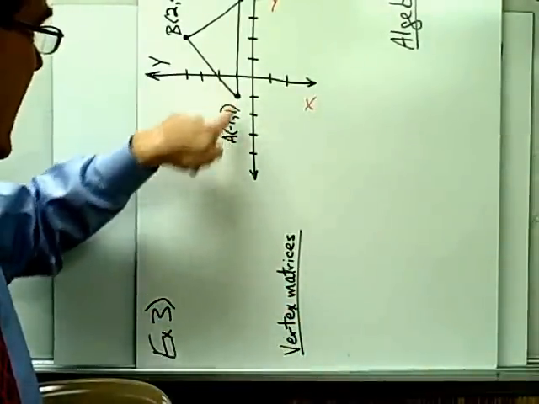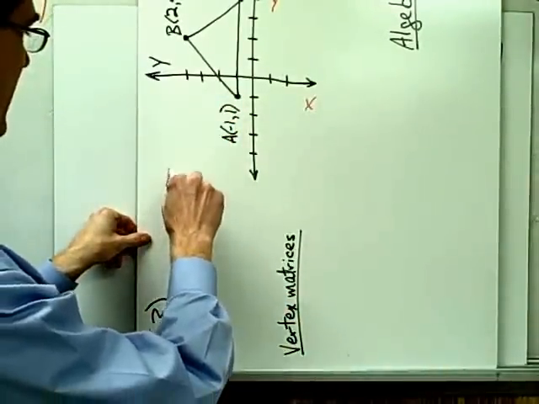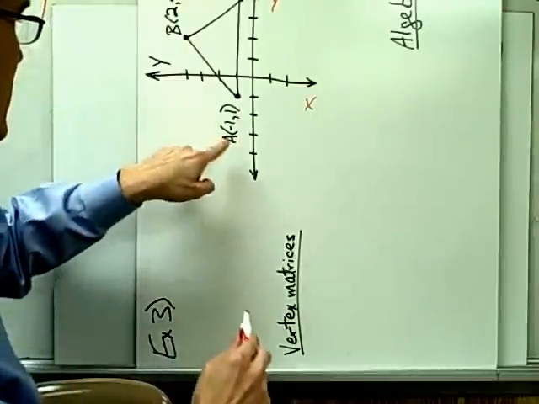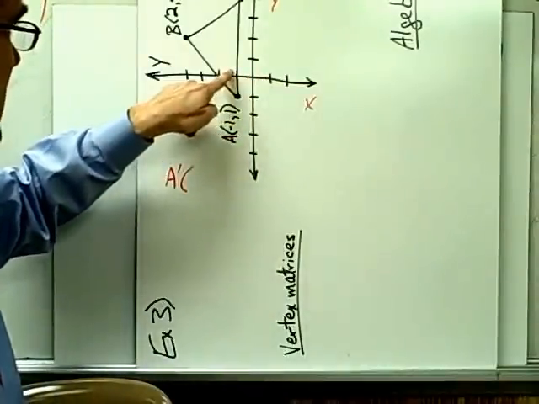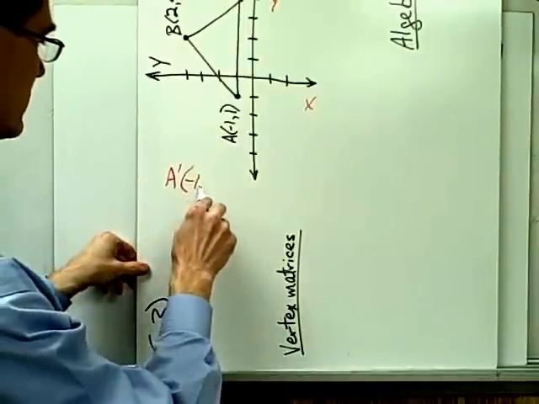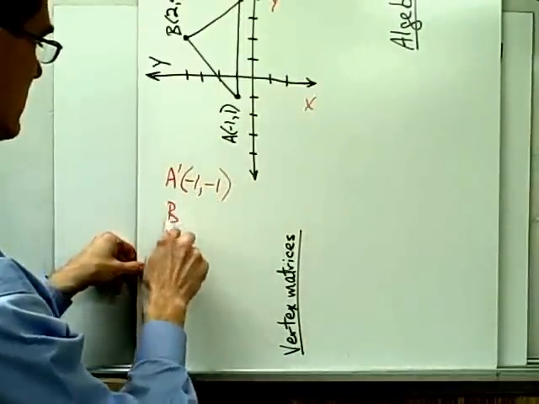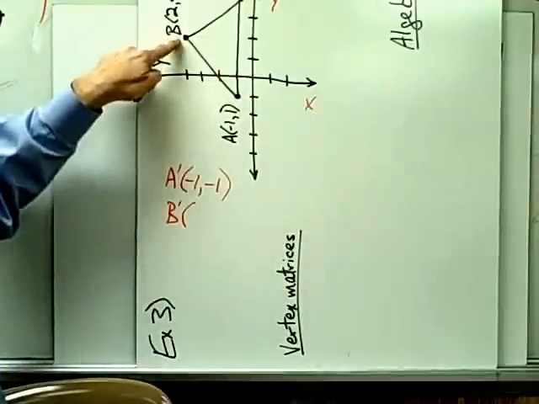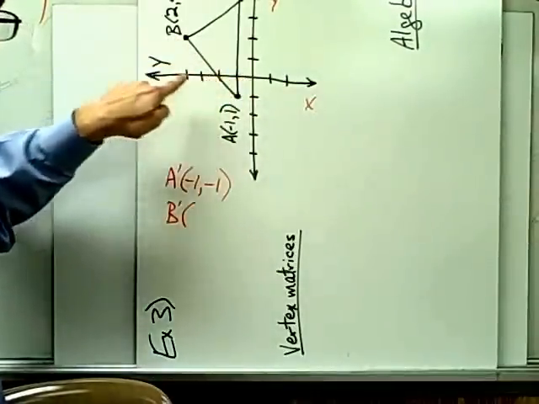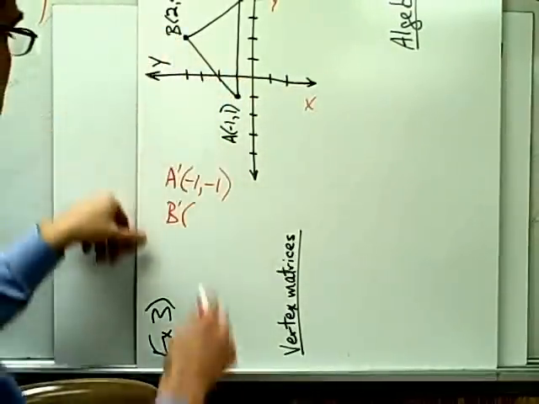So here's my new A point, my A prime. A prime becomes, let's see, this would be negative 1, negative 1. B prime, let's see, this is B prime, so B prime is negative 4, positive 2.